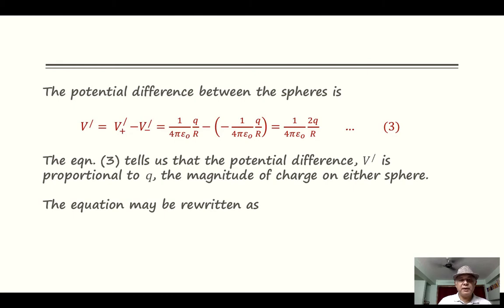The equation may be rewritten as Q equal to bracket start 2 pi epsilon naught R bracket close V dash equal to C dash V dash. This is equation 4.